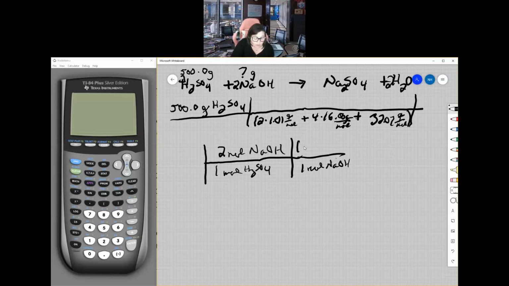So sodium, again, being number 11, is 22.99. And actually, I need to remove the per mole because I've already got that written below. So we're just going to be talking about the grams.